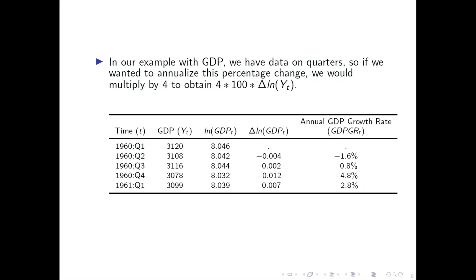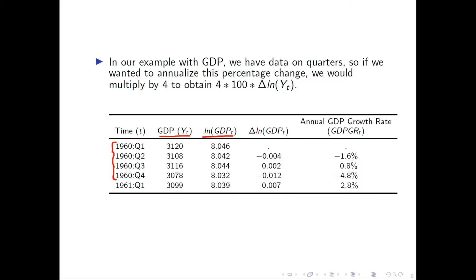One of the benefits of working with logarithmic transformed variables is that it's quite easy to get the return for more than one period. So in this case, we have data on quarters. So this is 4 quarters in 1 year. We have the GDP in levels. We have the logarithmic transform of the GDP.